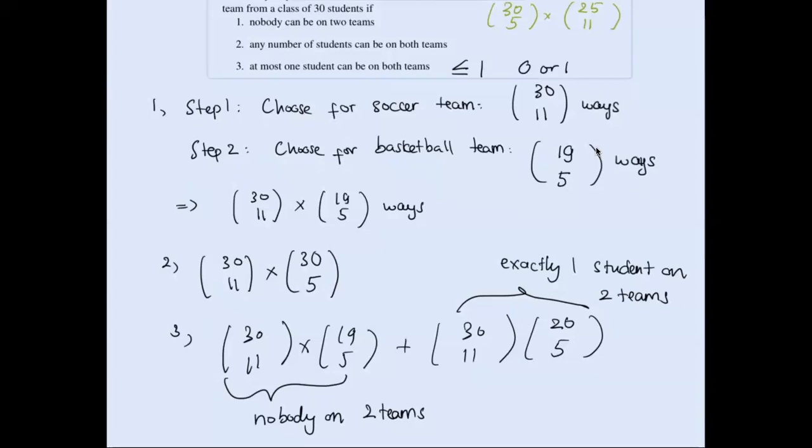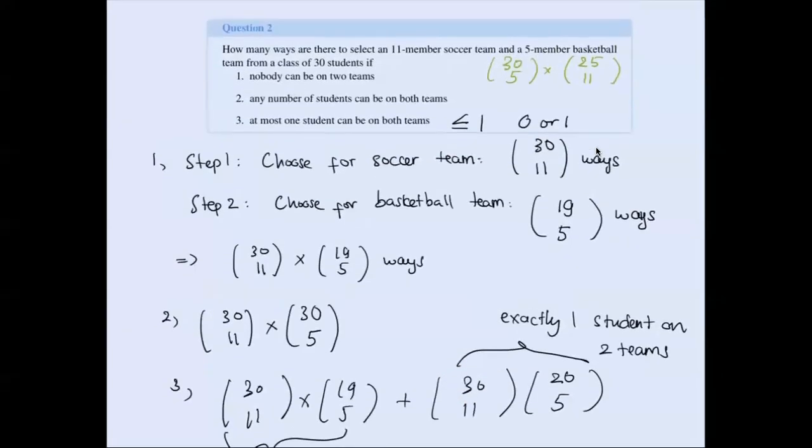Here you are picking 11 students from 30 to be on the soccer team. And then you say, okay, I will have one student from there I put back into the population. And then from that population, I will choose 5 members for basketball.